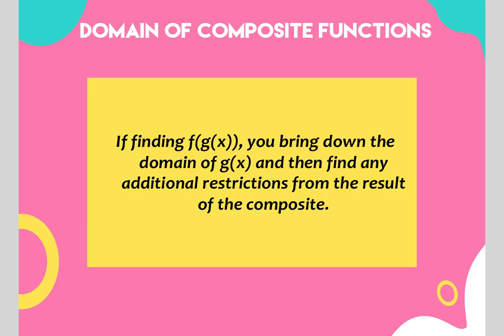Okay, so then another tricky part, again we're back to domain, is the domain of a composite function. So if you're finding f of g of x and it asks you for the domain of the composite function, you have to bring down the domain of the one you plugged in. So the one that's inside the parentheses. No matter what the end result is, you have to include that as part of your domain.